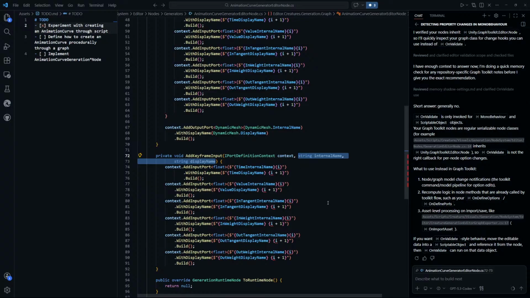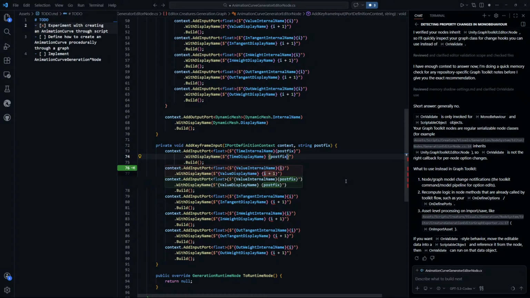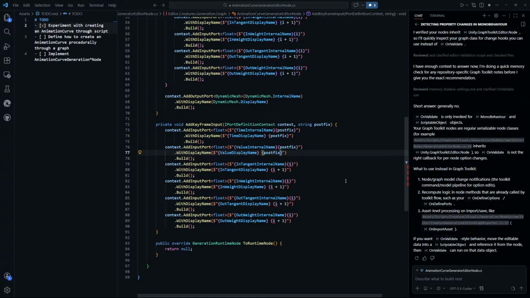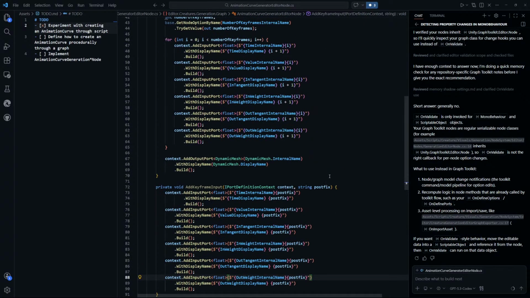We just want to add string prefix, postfix. Oh, that's exactly what I want. Like this, I think.